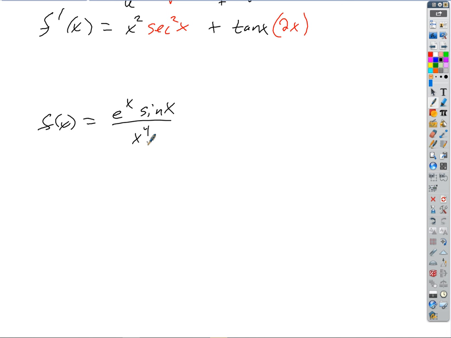The whole top, right? My v is the whole bottom. So every time I take a u prime, I have to use the product rule to do my u prime, right? So you have a product rule nested in a quotient rule. You could even have a quotient rule nested in a product rule nested in a quotient. I don't know if I'd do that to you, but you could.